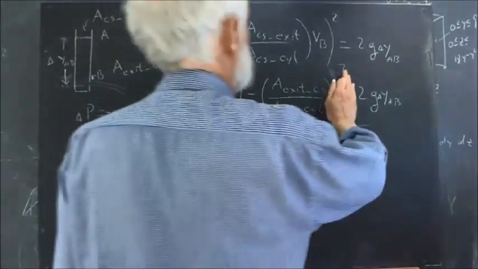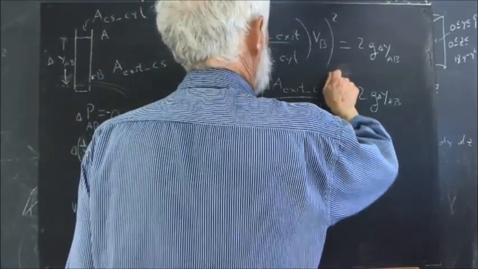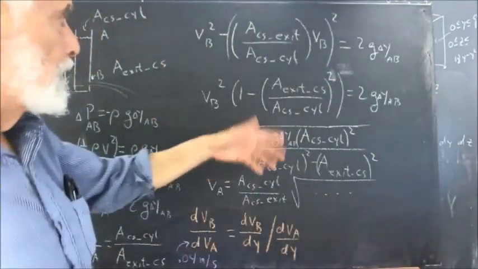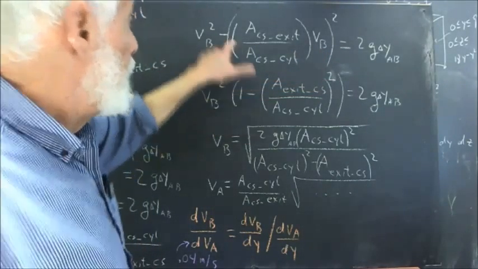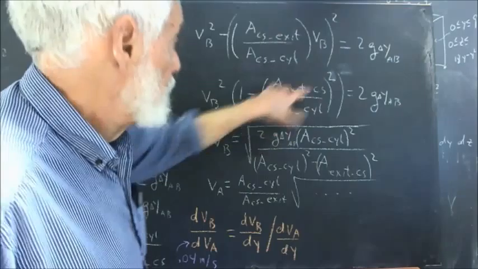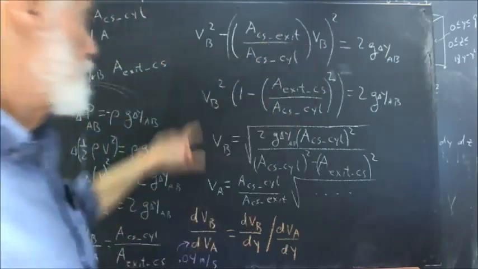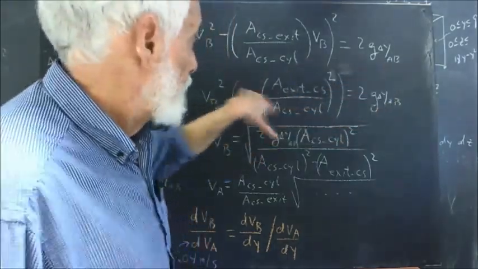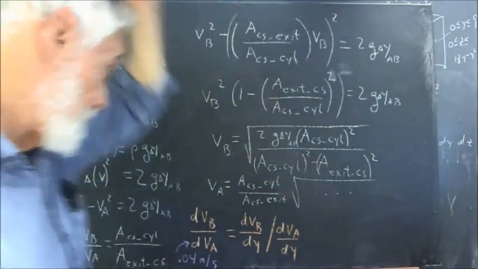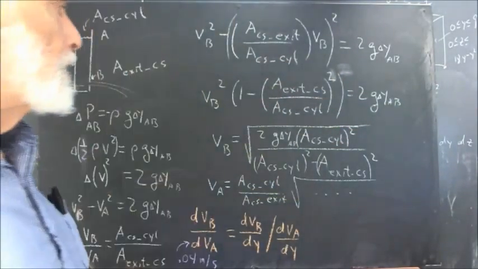No, I'm sorry, it does need to go here. Because what I've done is we factored the VB squared out, leaving us a 1 from here and just this ratio squared here. So that VB squared is this, so VB is just going to be this divided by this quantity that we got when we factored this out.